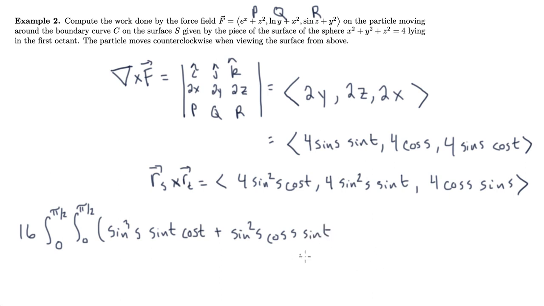All right, and then let's see, what do we have here? We have sine squared s, and then cosine s cosine t. And we'll just do ds dt.